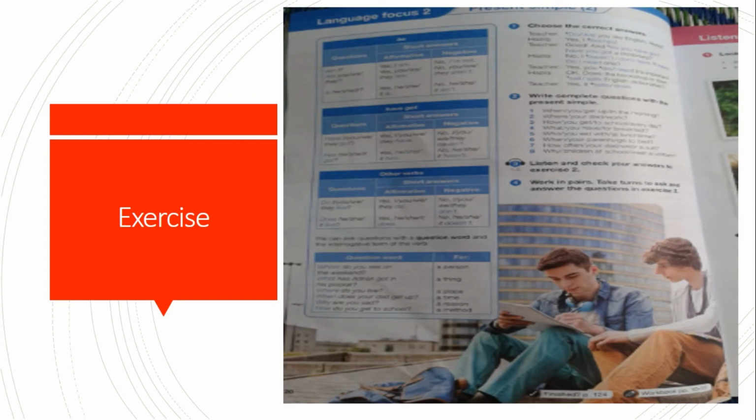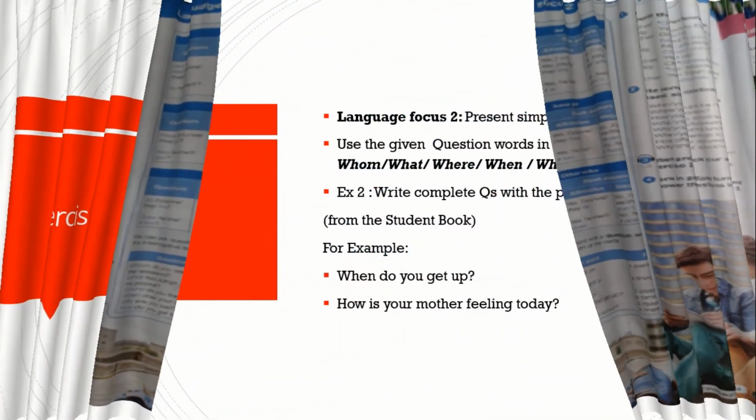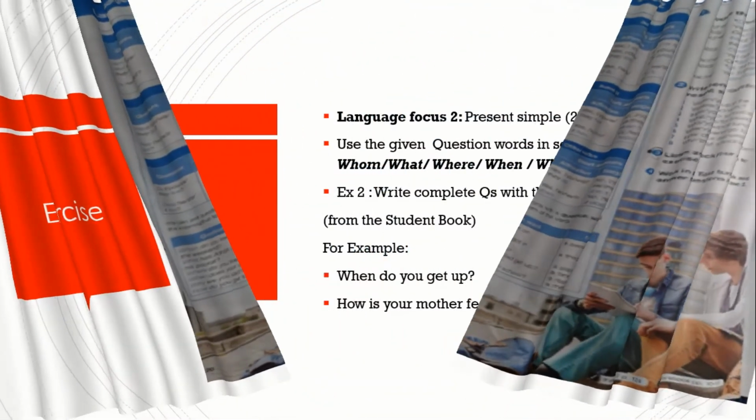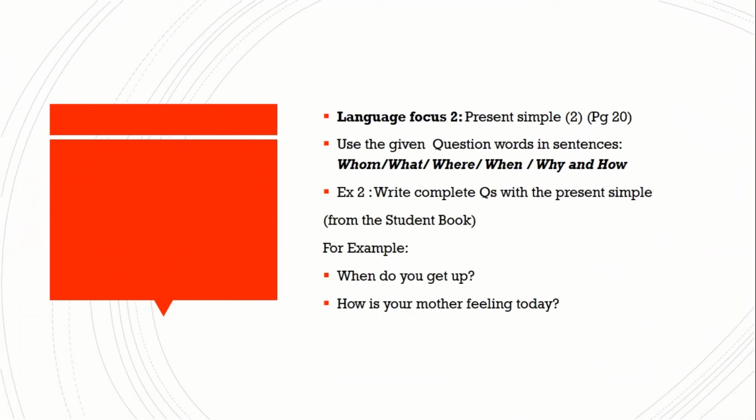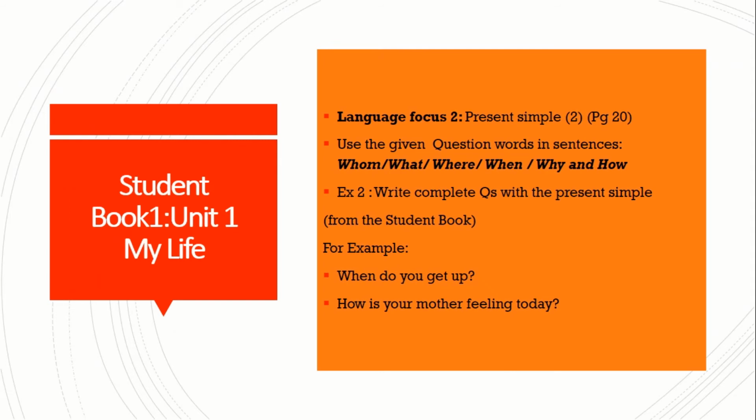We have done some practice with present simple tense, and your task is exercise number 2. Write complete questions with present simple tense. First task is to use the given question words in sentences: whom, what, where, when, why, and how.